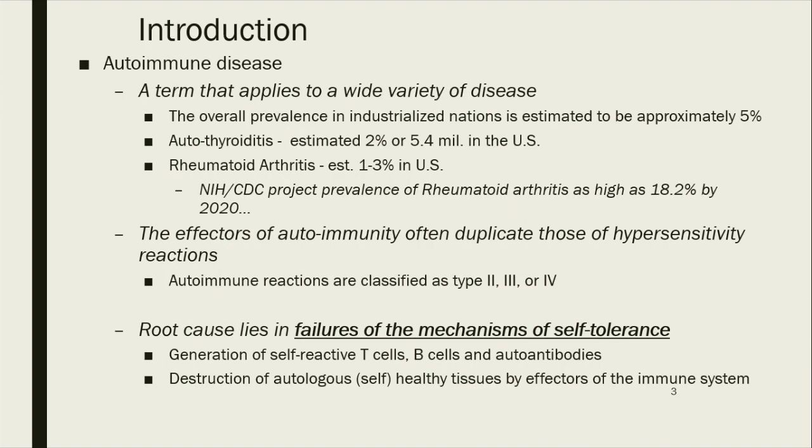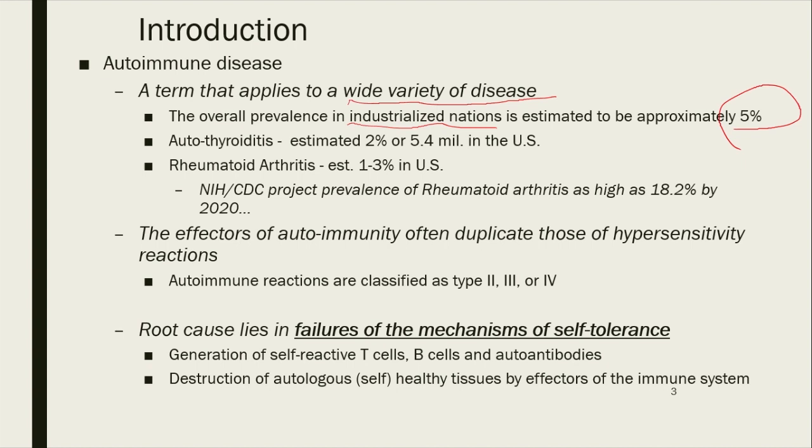Okay. So introductions. Autoimmune disease basically is your body turns on itself. It is a term that applies to a very wide variety of diseases. There has been shown that the prevalence in industrialized nations is approximately 5%.